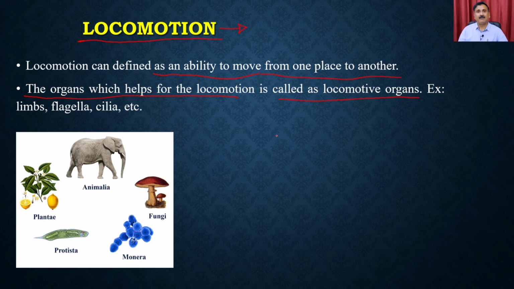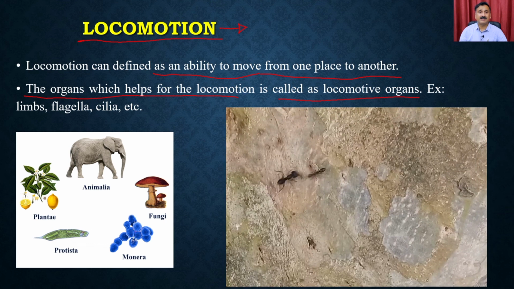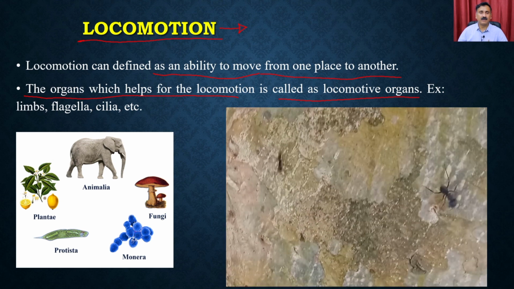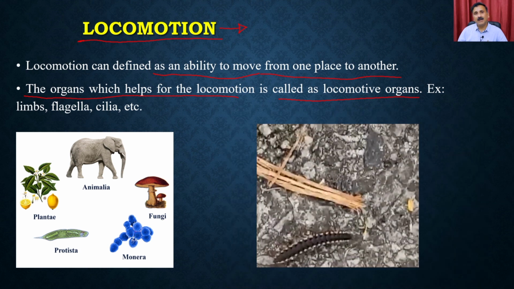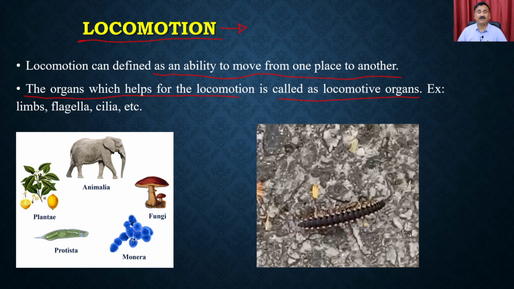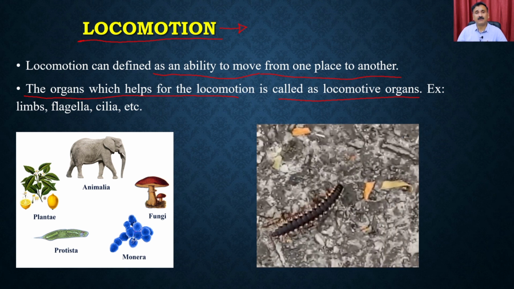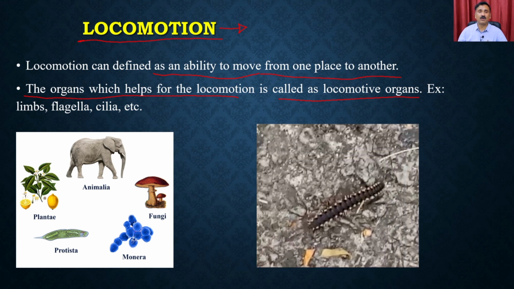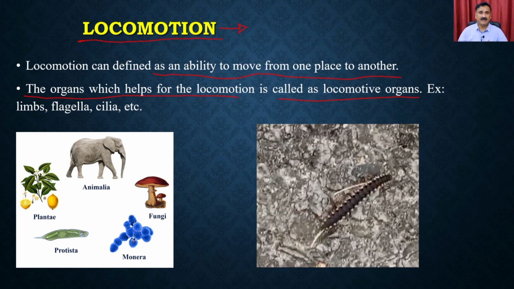For example, you might have seen that the ants, right, they use the legs for their locomotions. Similarly, you might have seen the centipede or the millipedes, right. They have hundreds of tiny legs, and they use these tiny legs to crawl from one place to another place.